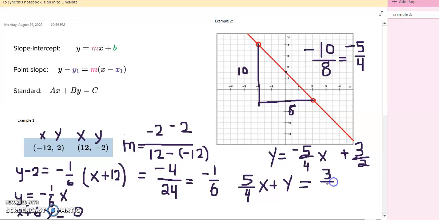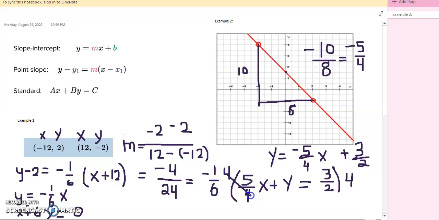Standard form cannot have fractions. So when you have different denominators in your fractions, you need to multiply by what? The least common denominator. Meaning, what is the smallest number that both of these numbers divide into? And so that will be 4. So I'm going to multiply everything by 4 on both sides.